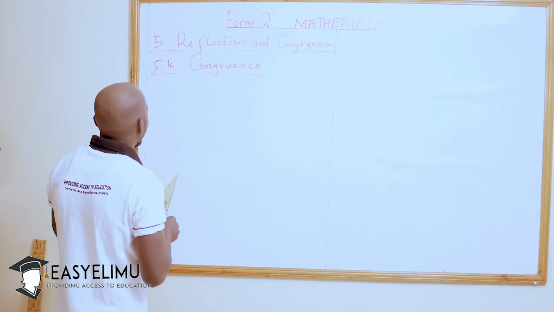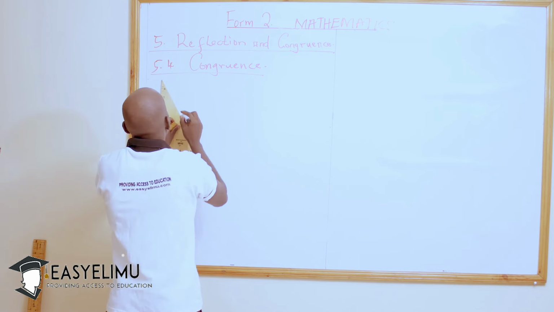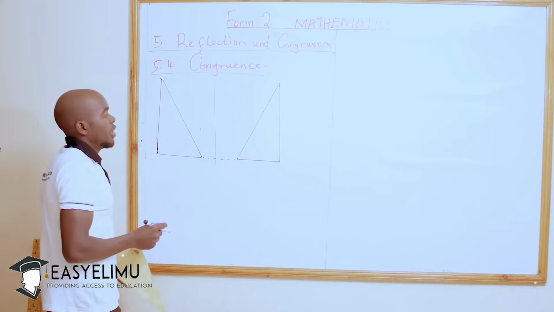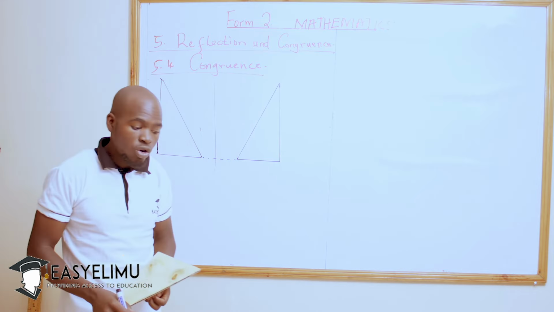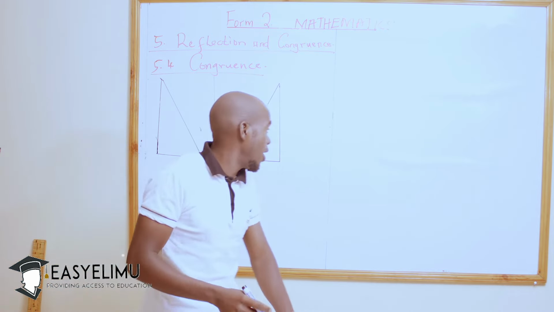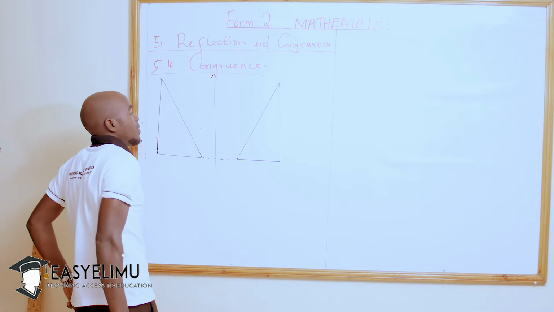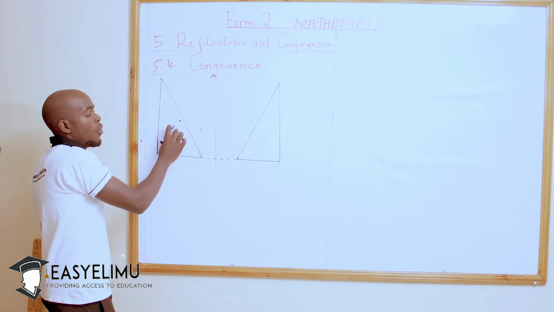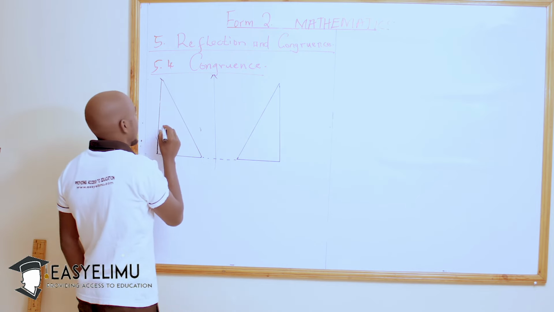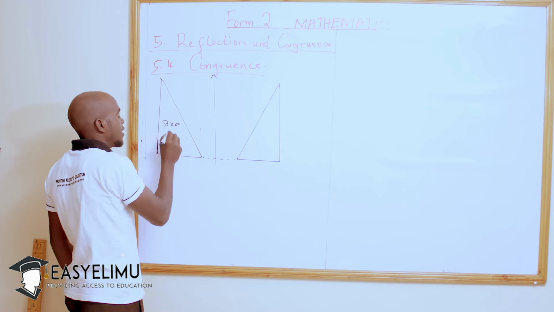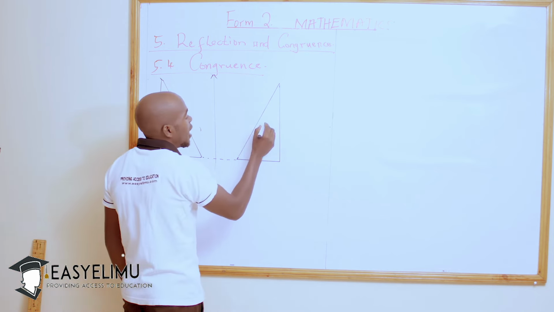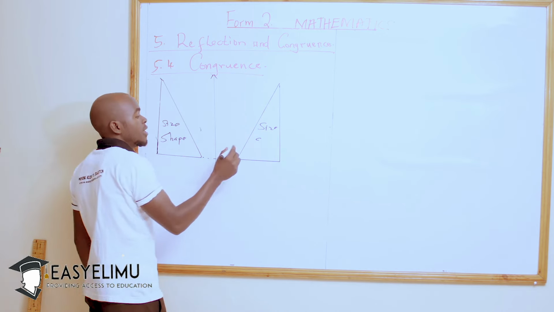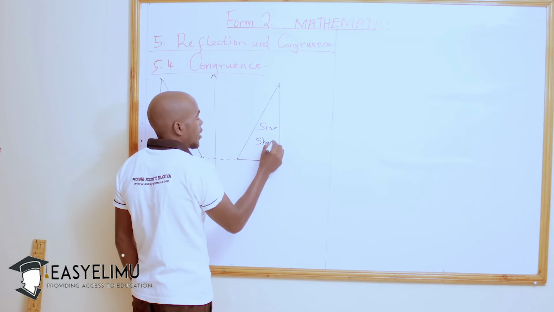So meaning that in case we have a triangle like here, or that kind of figures whereby this one will be acting as my mirror line, then you will find out that this figure will have the same size and shape as that of the image.